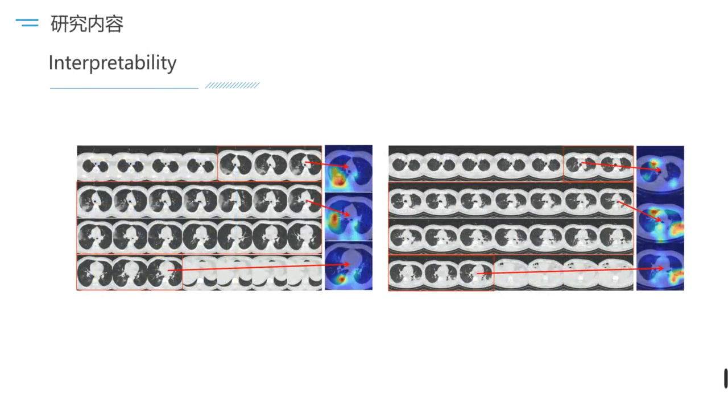To provide explainable diagnostic basis for radiologists, we show the several important slices and their heat maps by Grad-CAM. For viral and bacterial pneumonia, the location of the lesions are different. The lesions of viral pneumonia mainly appear in the subpleural region, while those of bacterial pneumonia are mainly concentrated in the lung peribronchovascular region.